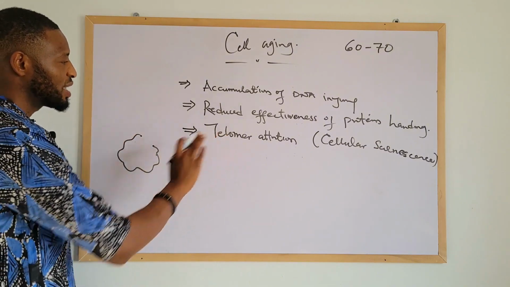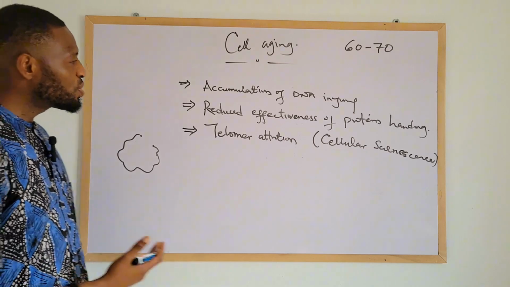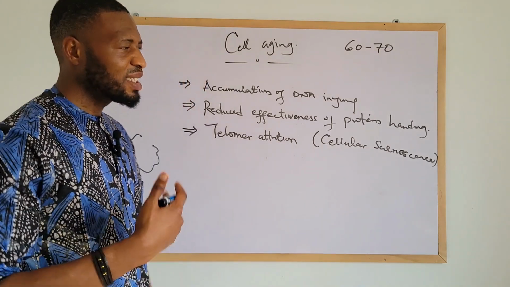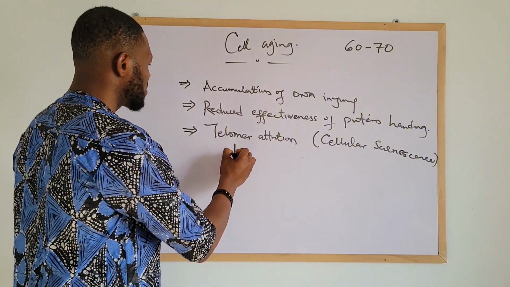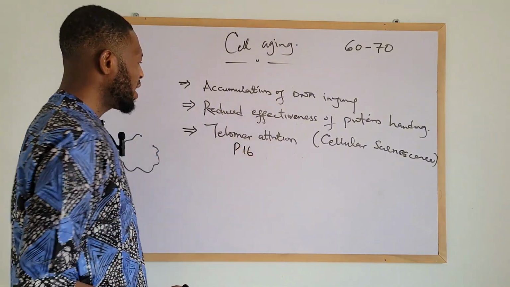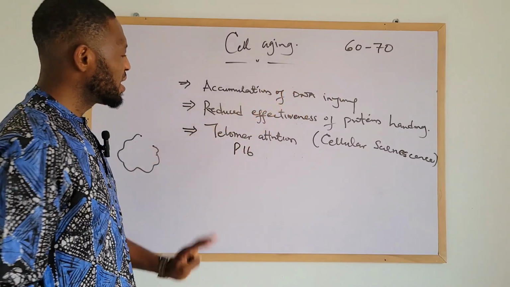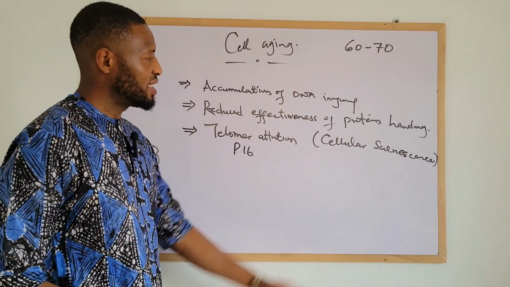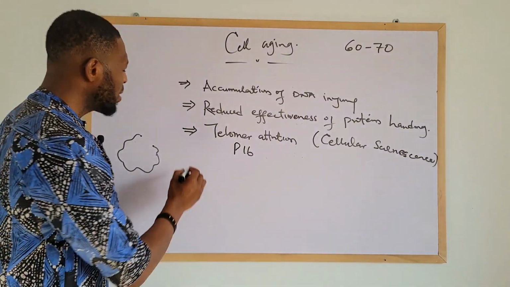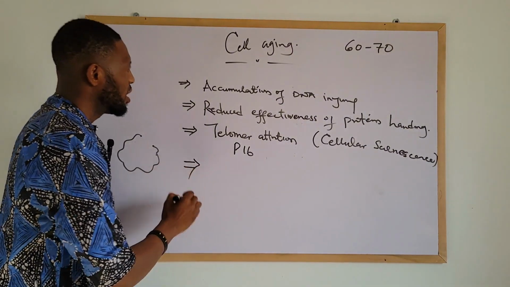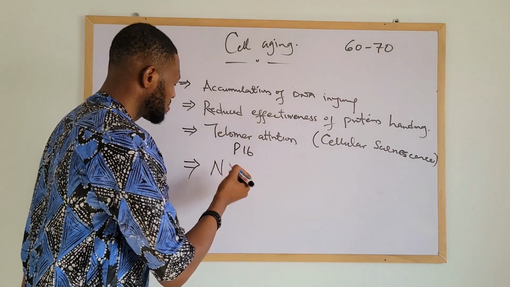So telomere attrition contributes to cellular senescence. Another thing that contributes to cellular senescence is activation of tumor suppressor genes, particularly P16. When there is DNA injury, or genetic injury, P16 is activated, and of course it leads to cellular senescence.